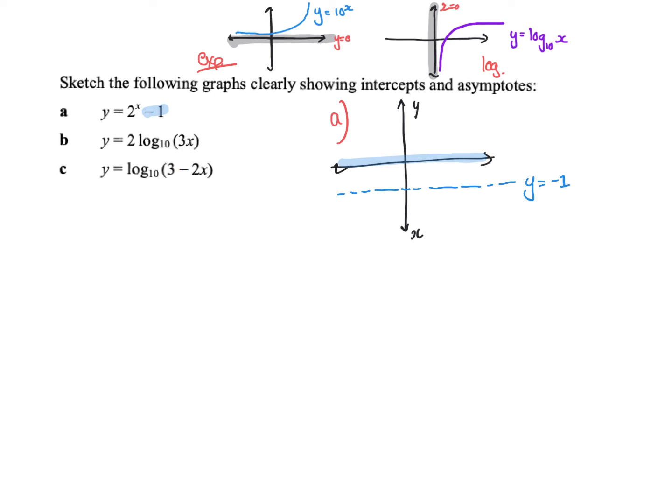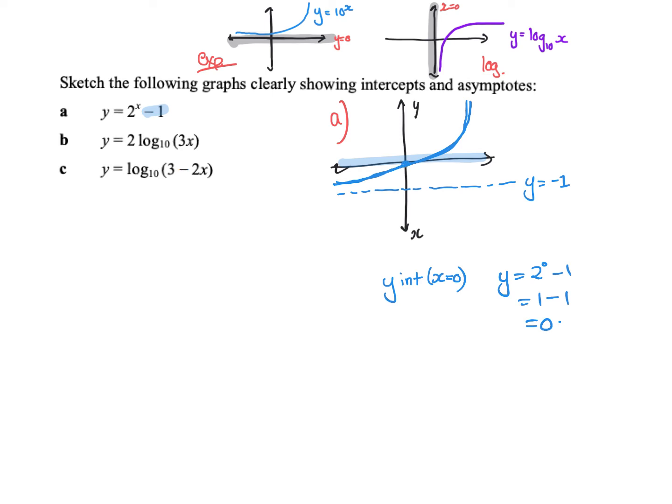Then you might want to think about the y-intercept, which is when x equals 0. So you'd have y equals 2 to the power of 0 minus 1. That's 1 minus 1, which equals 0. Sorry, I'm a bit wobbly on the iPad. But there we go, and it goes through 0 there.